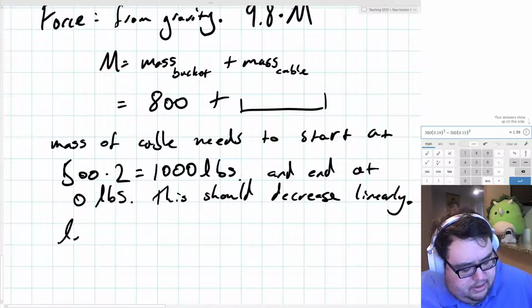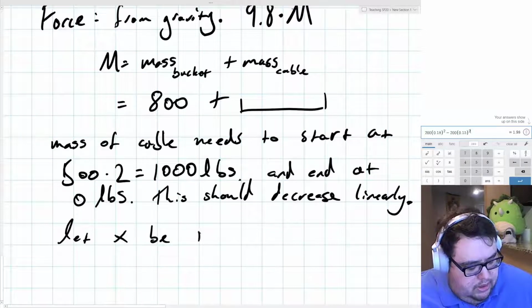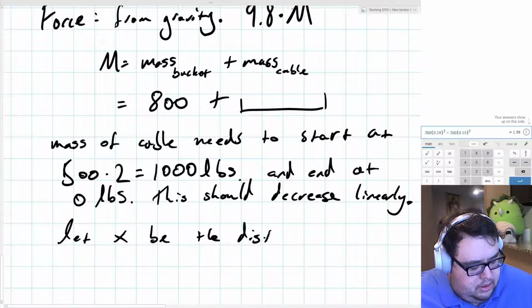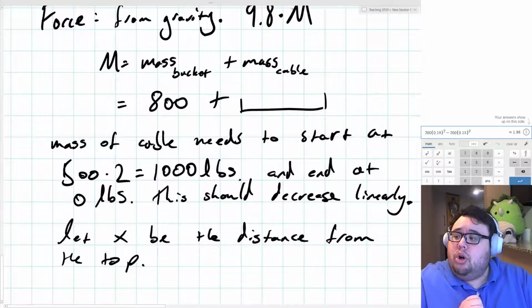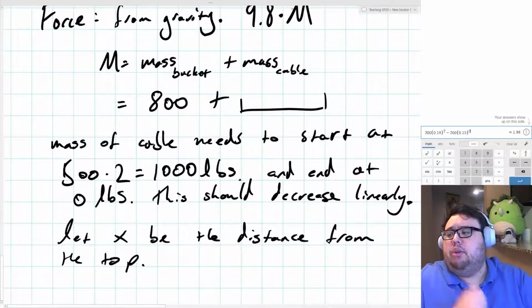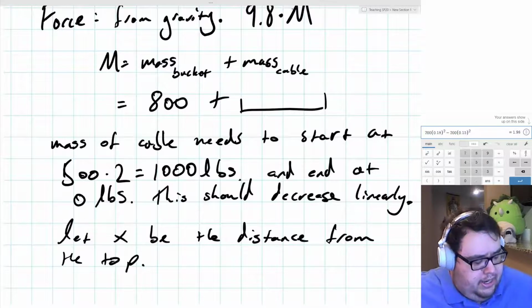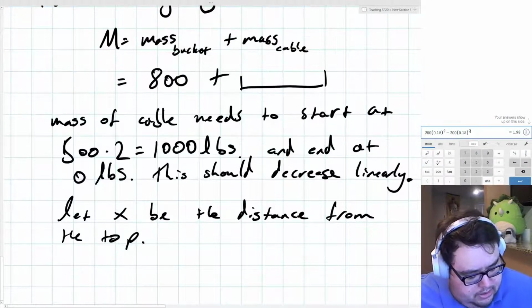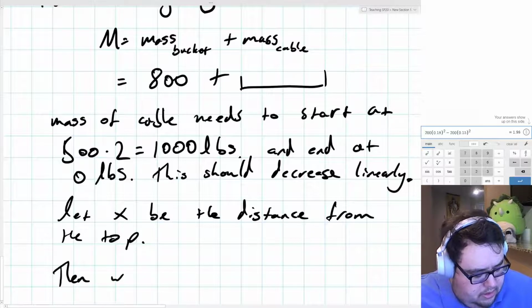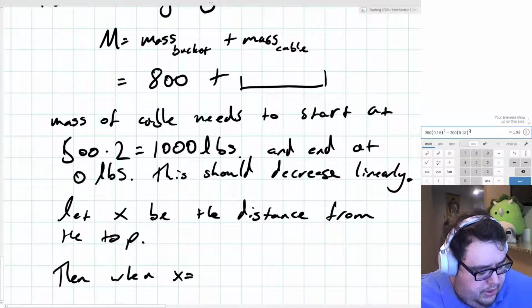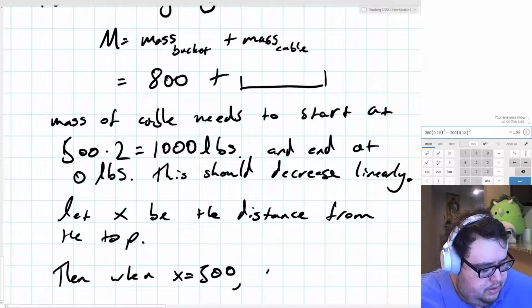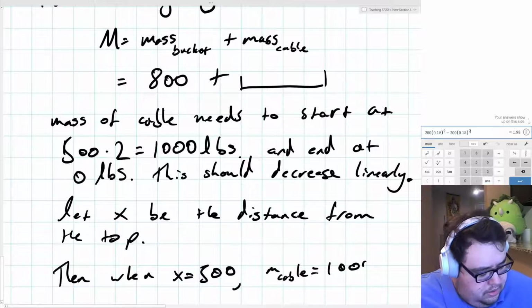So let's let x be the distance from the top. In other words, how much more cable do we have to reel in? How much further does the bucket have to go? That's x, right? So x is the distance from the top. Then when x equals 500, the mass of the cable is 1,000.